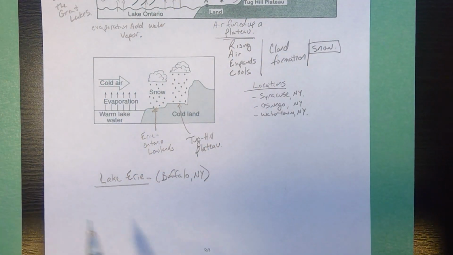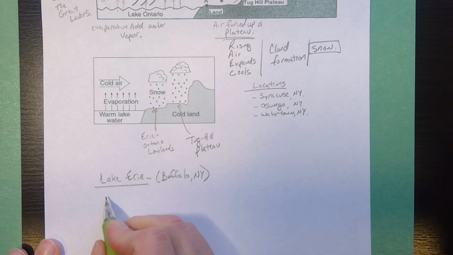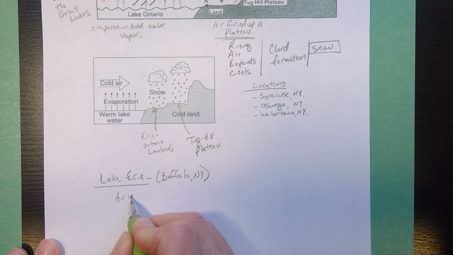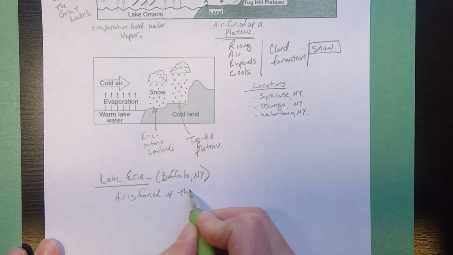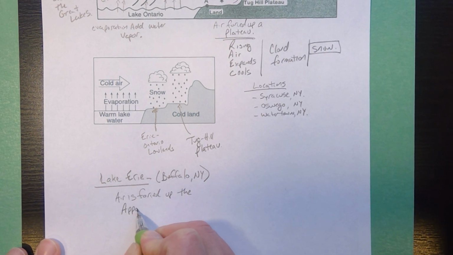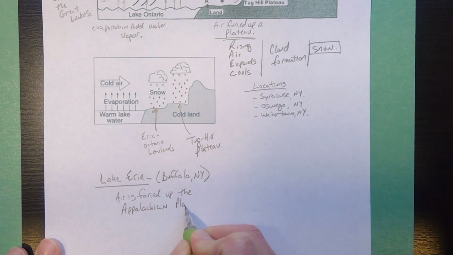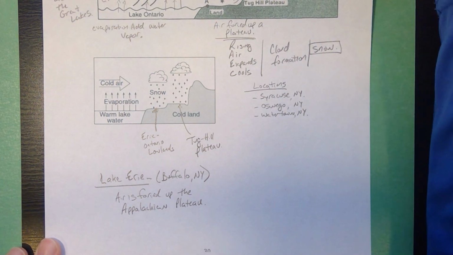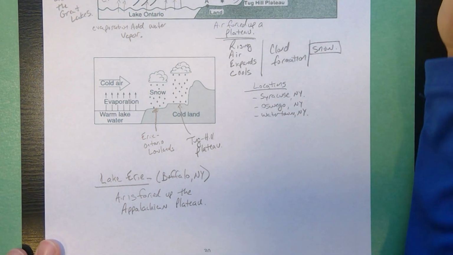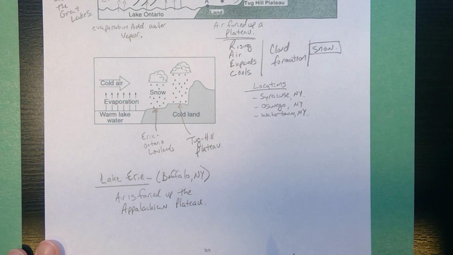So with Lake Erie, Buffalo, the air is forced up the Appalachian Plateau. That's why areas around Buffalo get really hammered by lake effect.